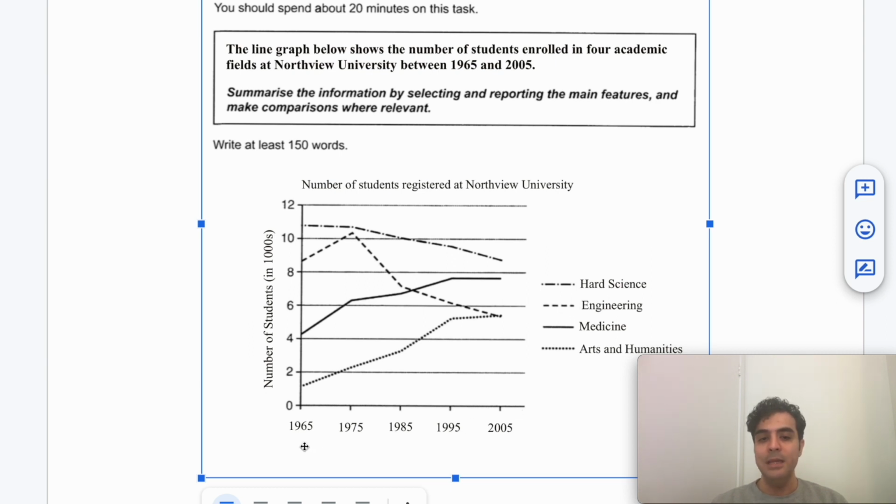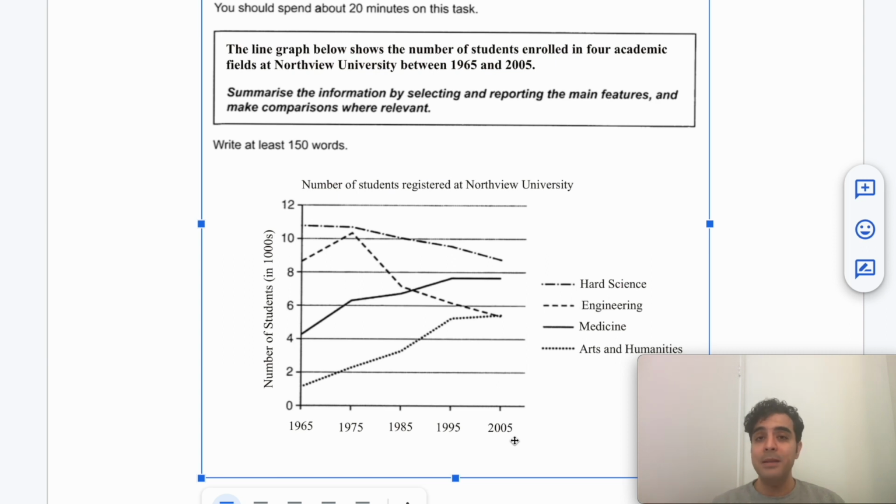So in this case, we have 1965, 1975, 1985, 1995, and 2005. So as you can see, we have a breakdown of 10-year intervals, right? So from 65 to 75, 75 to 85, to 95, and to 2005, 10-year intervals.